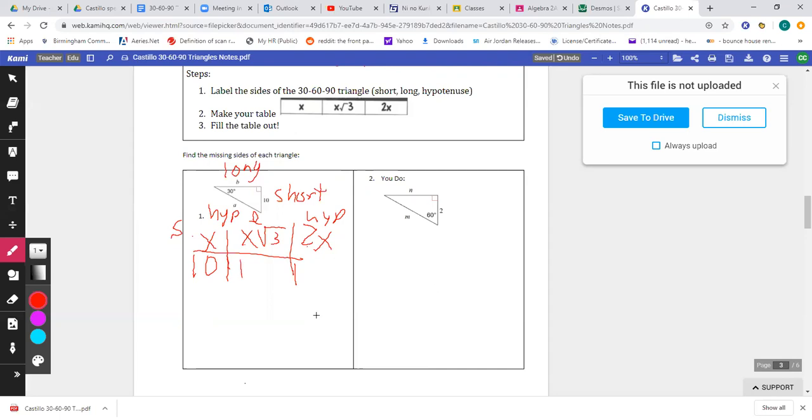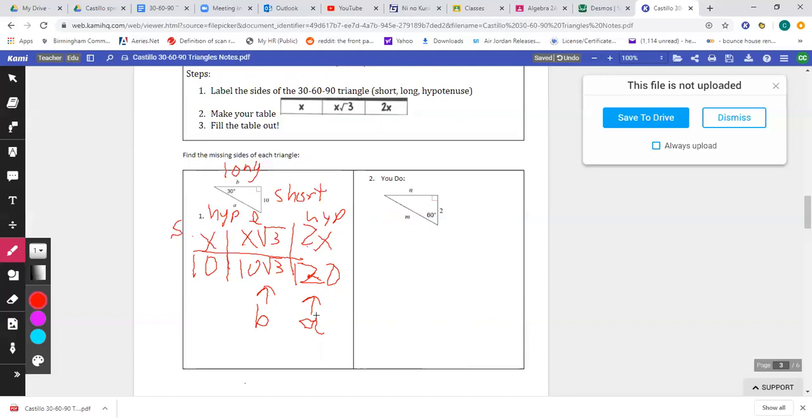This should be 10 root 3, and this should be 20, right? And so you say this should be B, and this should be A, right? Because A is the hypotenuse here, B is the long leg. And that's it. If you do your homework like this, that's all the work you really have to show.